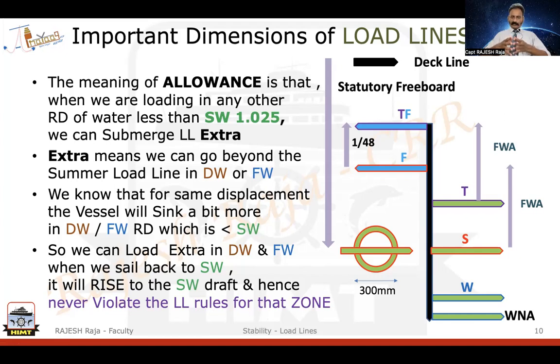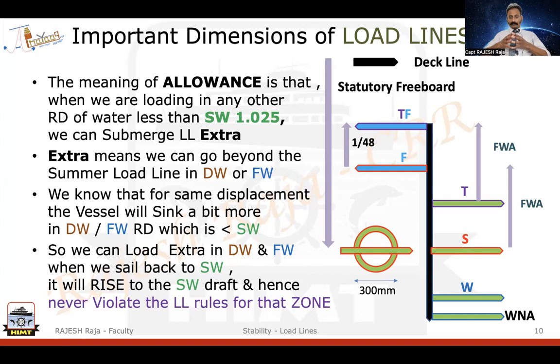Okay, again, I'll just quickly put it into a simple thing. Let me say I'm right now in salt water and the water line is exactly matching Sierra. Now, if I sail into a freshwater port, my vessel will sink and will start matching with Foxtrot, which is F, which is freshwater. Now, if I do the reverse, let me load in a freshwater port.